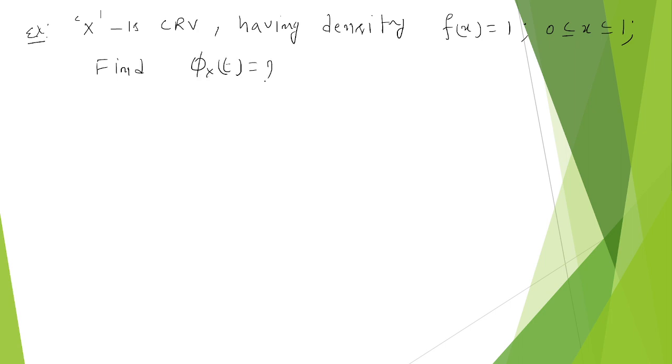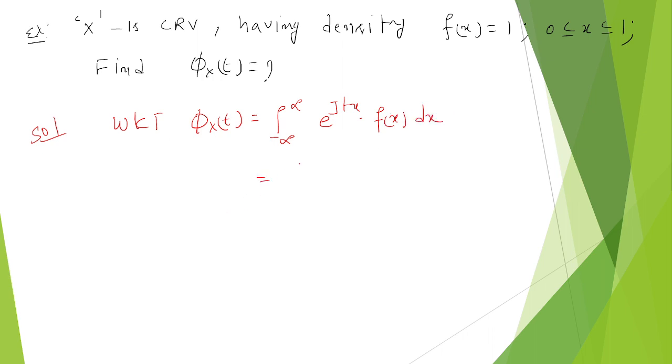For this we go with the solution. We know that the characteristic function phi x of t for a continuous random variable is the integral from minus infinity to plus infinity of e power jtx multiplied with f of x dx.